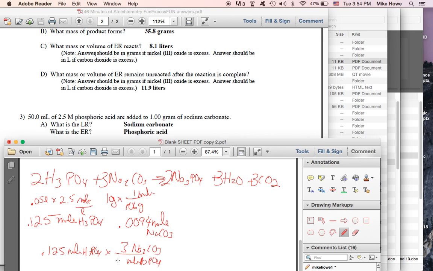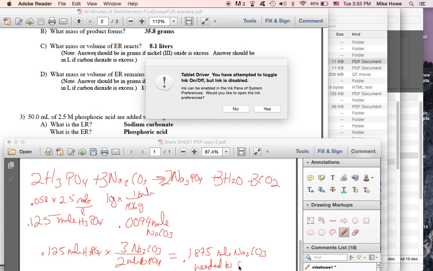So we would need 3 sodium carbonates for every 2 phosphoric acids. So 0.125 multiplied by 3 divided by 2 is 0.1875. Too many sig figs, we'll ignore that for right now. So that's moles of sodium carbonate that you need to consume all of the phosphoric acid.